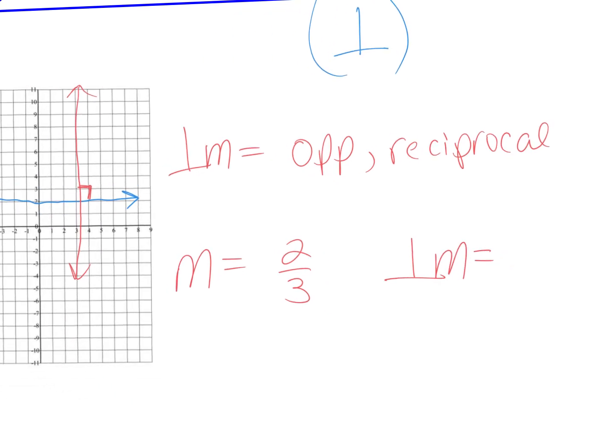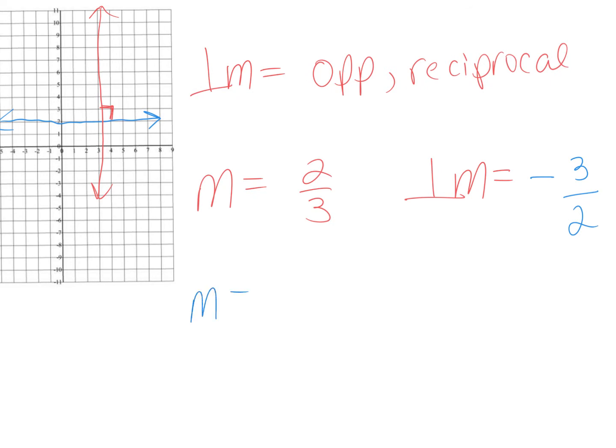Well, 2/3 is what kind of number, positive or negative? Positive. So the opposite of positive would be negative. And the reciprocal of 2 over 3 would be 3 over 2. So if lines are perpendicular, their slopes have opposite signs, one negative and one positive, and they're reciprocals of each other.